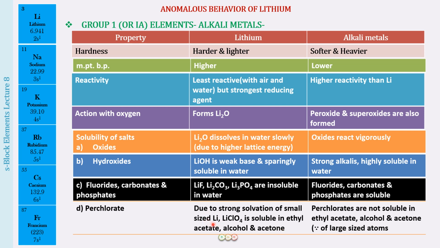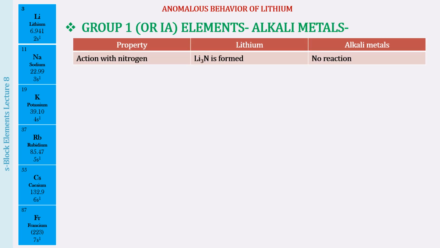We find that this is soluble in organic compounds. Whereas the perchlorates of the other alkali metals are not going to be soluble in organic solvents like ethyl acetate, alcohol, acetone, because the cations are going to be larger in size, so the solvation is going to be less.